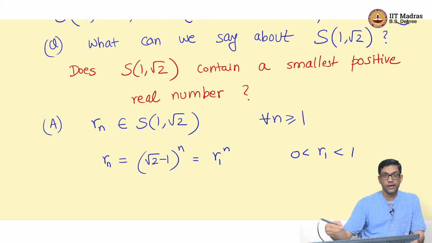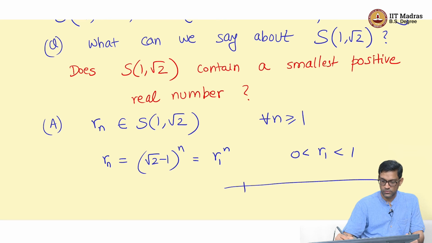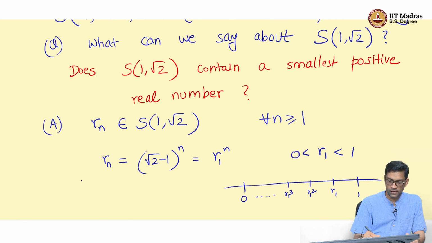So when I keep taking higher and higher powers of this guy, what will it do? Well, its limit will just be 0. So here's 0, here's 1, here's R1, R1 squared, R1 cubed, and so on. Higher and higher powers of R1 will just converge to 0. So observe, limit n tends to infinity of Rn is actually 0.